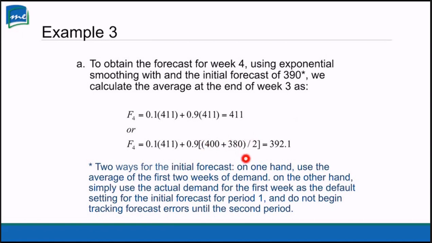We compute the average for the first 2 weeks as the forecast for week 3, and then we use alpha, 0.1, times the actual patient arrivals in week 3, plus 0.9 times the forecast patient arrivals in week 3, as the forecast for week 4.